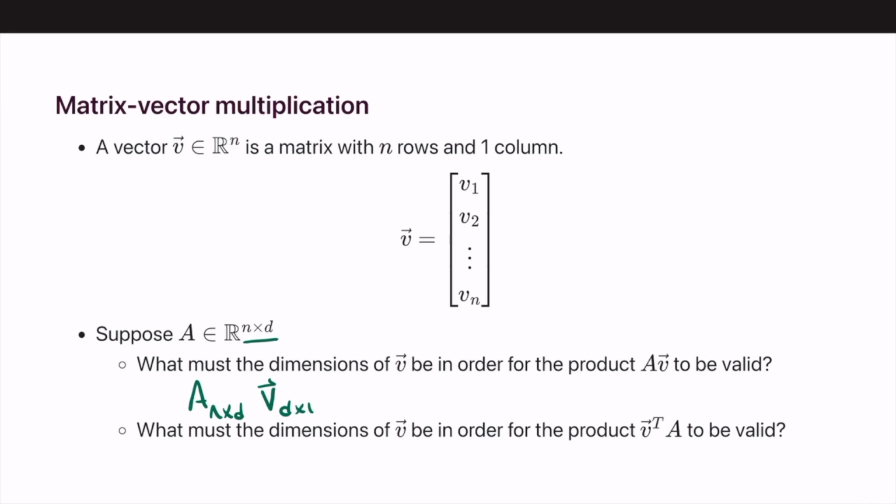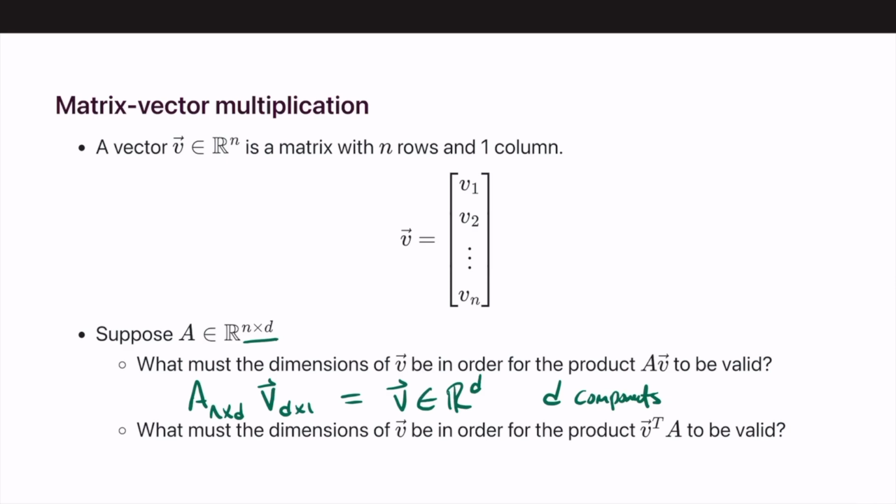So this is going to give us some vector with d components in it. I'll just write that down. So d components, and this is what we would get.